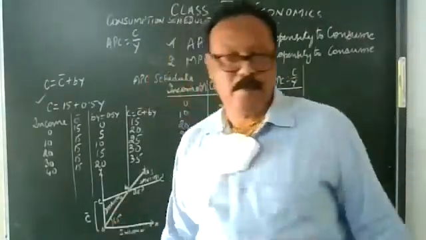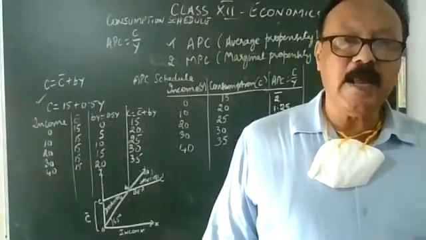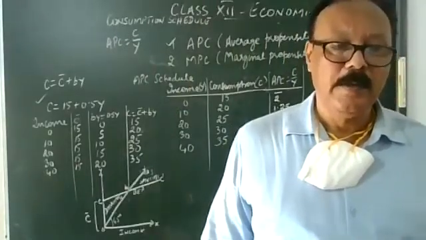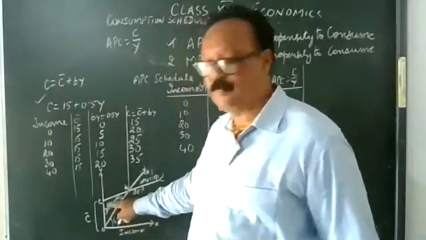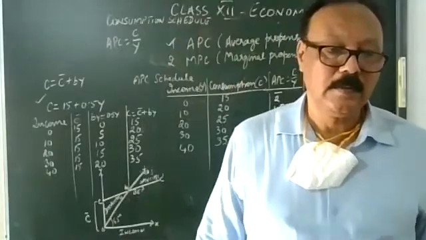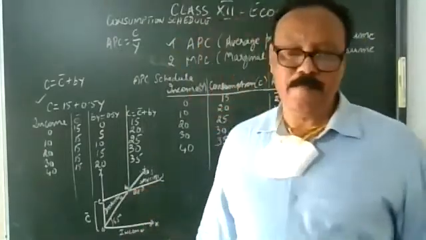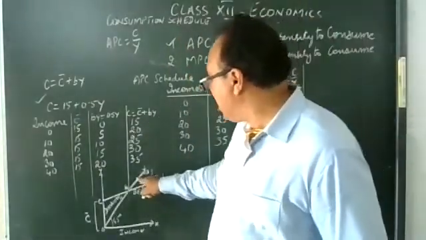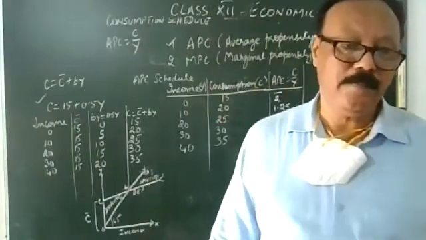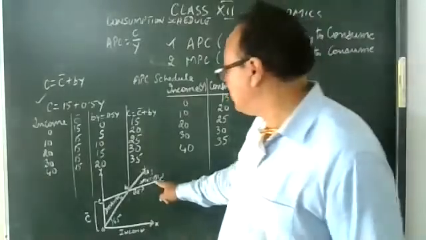Before the point K, consumption is greater than income, indicating dissavings. But after point K, consumption is less than income, showing savings.